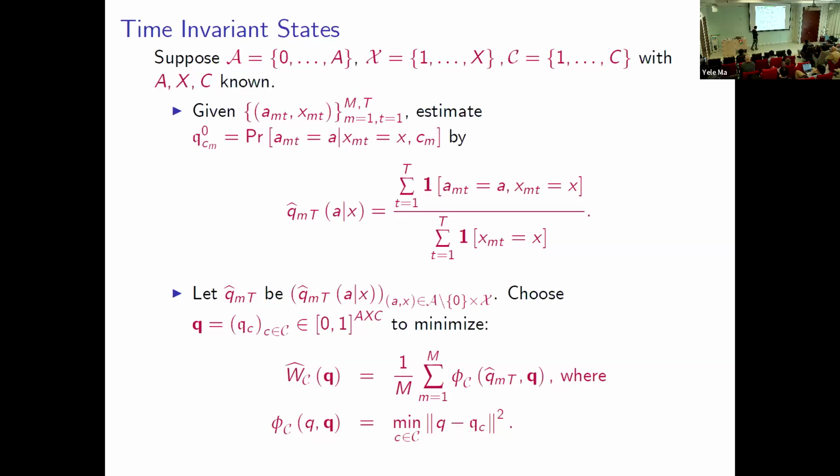So the procedure of k-means clustering with D types is just partitioning these estimated samples into C clusters. And the idea is that for each M, we want to assign Q hat M into the cluster whose center this vector is closest to.